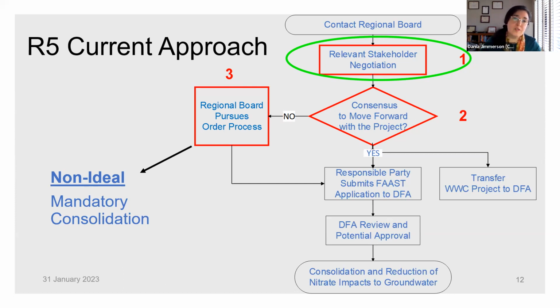It's also going to consume a lot of resources from the community side and from the sewer service providers, because they usually end up hiring attorneys to review all the documents within the mandatory consolidation process. So we have found that emphasis on the relevant stakeholder negotiation process and providing as much information as we can has helped tremendously with the successful approach of the voluntary process.